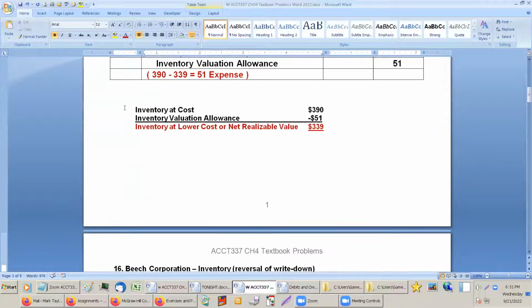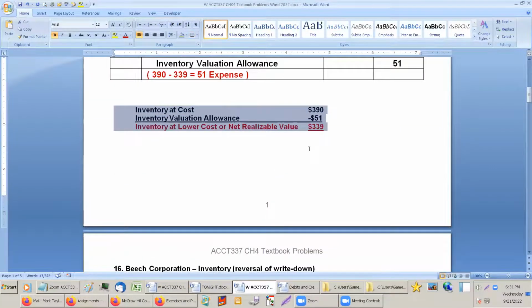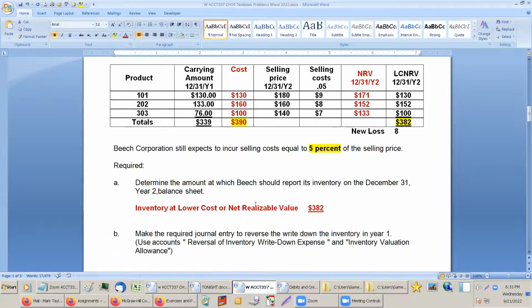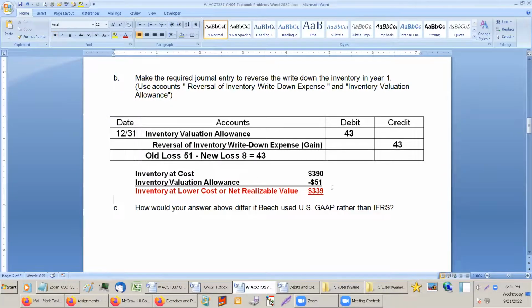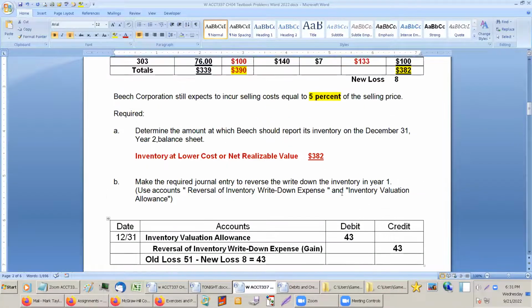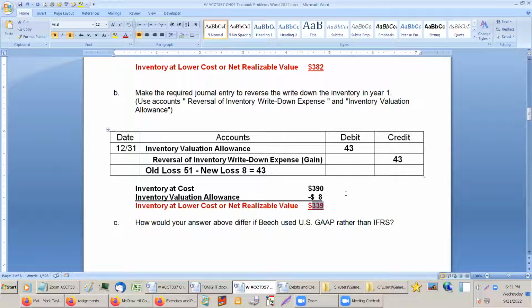This is what the allowance account would look like on the balance sheet. $382.